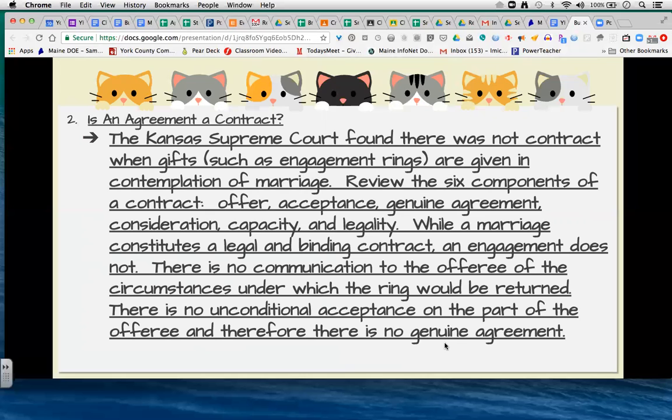While a marriage constitutes a legal and binding contract, an engagement does not. There is no communication to the offeree of the circumstances under which the ring would be returned. There is no unconditional acceptance on the part of the offeree, and therefore, there is no genuine agreement. So Mr. Hyman's out of luck. He loses his engagement ring.